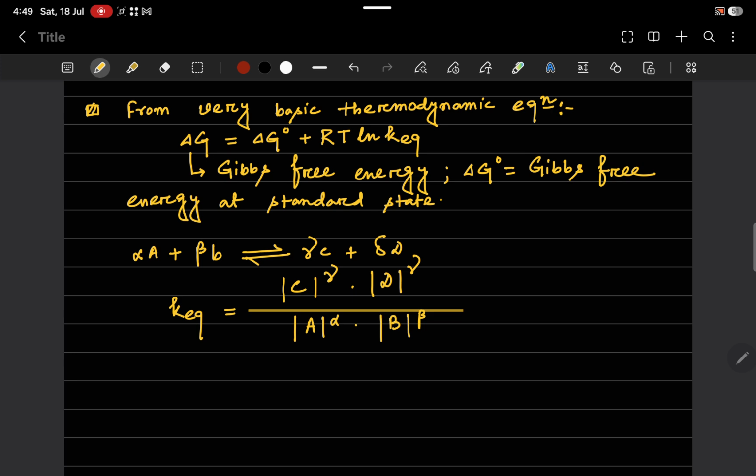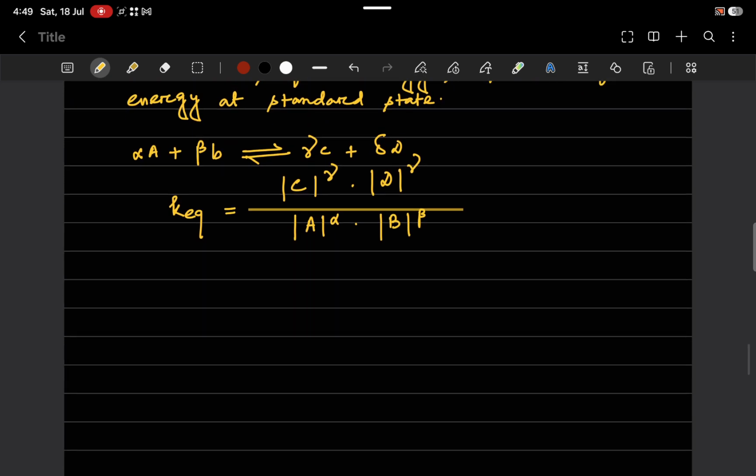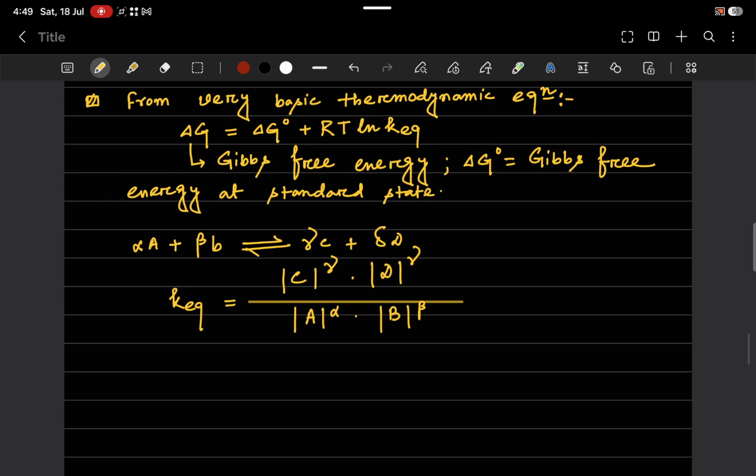I think up to this it is clear to all of you. This is very simple mathematics. Let's consider this as equation 1.